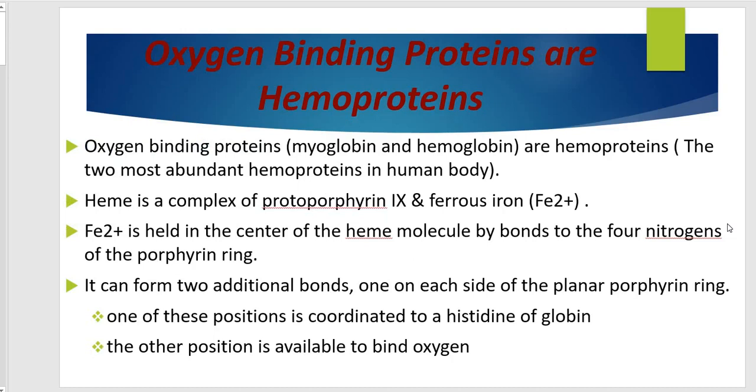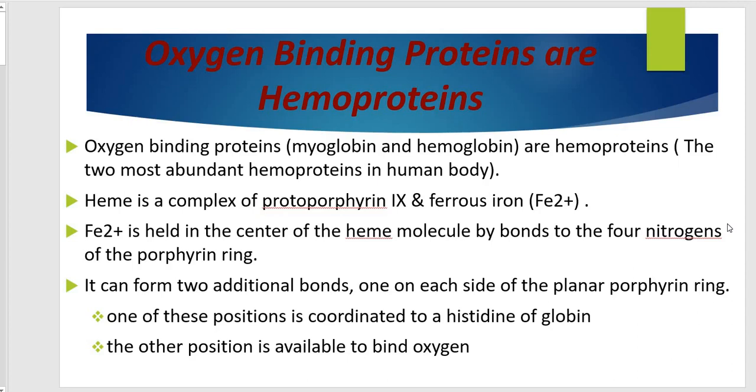Oxygen binding proteins, which are hemoglobin and myoglobin, are hemoproteins, and all hemoproteins are globular proteins. Myoglobin and hemoglobin are the most abundant hemoproteins in the human body.